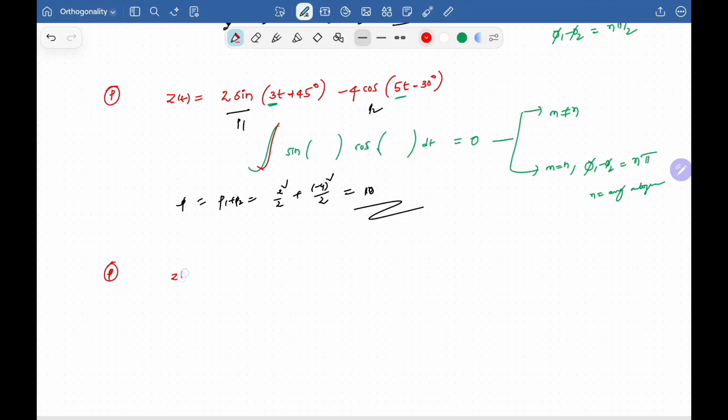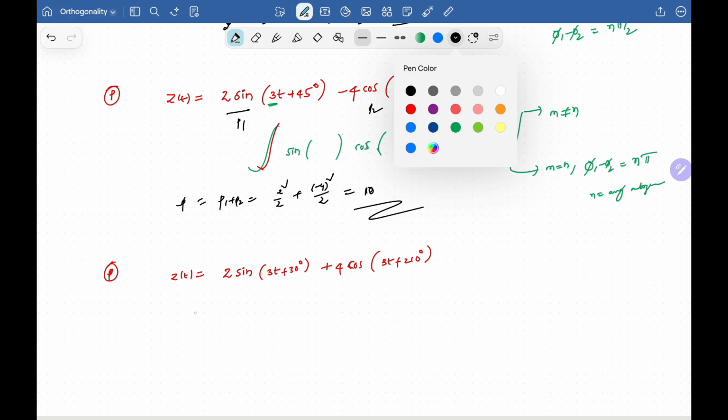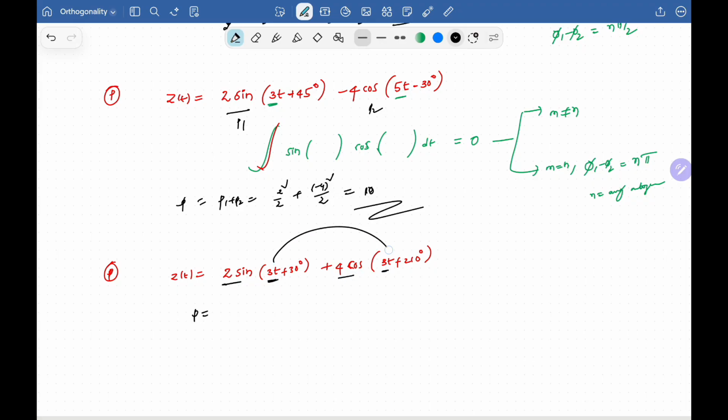Suppose z of t is given as 2 sine 3t plus 30 degrees plus 4 cos 3t plus 210 degrees. What could be the final power? Here these are the amplitudes, and the frequencies are equal.